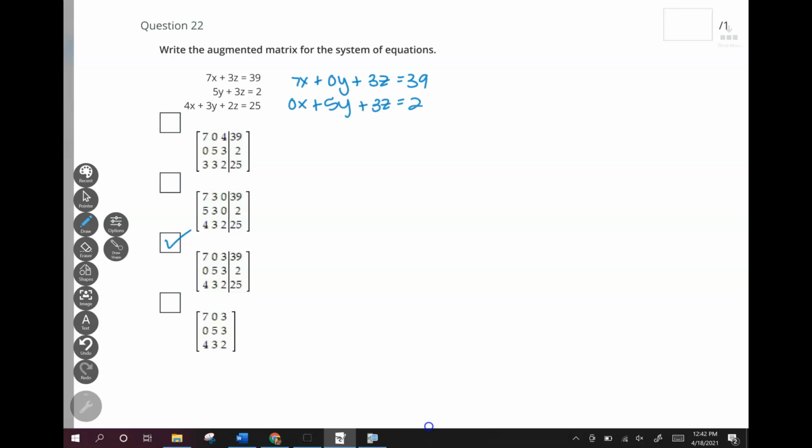So that second row should be 0, 5, 3, 2. And then the third row, 4, 3, 2, 25. You're just looking at those coefficients. They need to be in the order x, y, z equals constant.